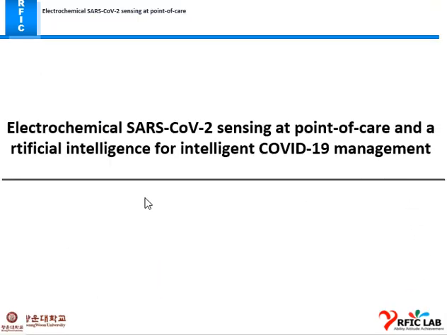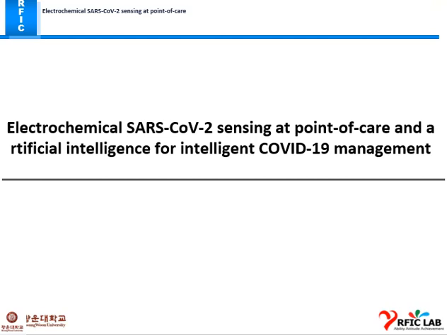Here's another part, electrochemical SARS-CoV sensing at point of care and artificial intelligence for intelligent COVID-19 management. For detection and for a pandemic situation, management of a disease is very important apart from the sensing technology.